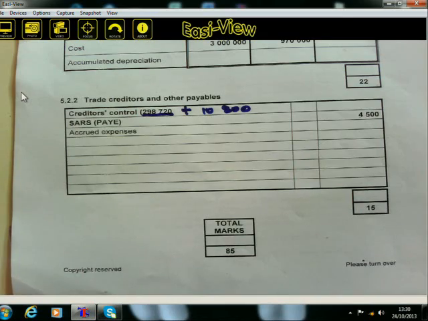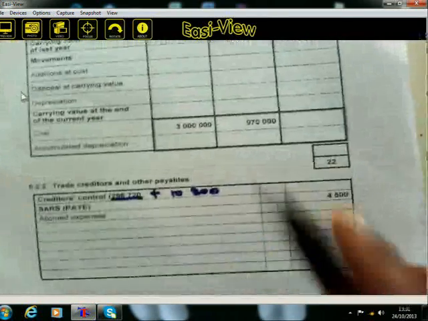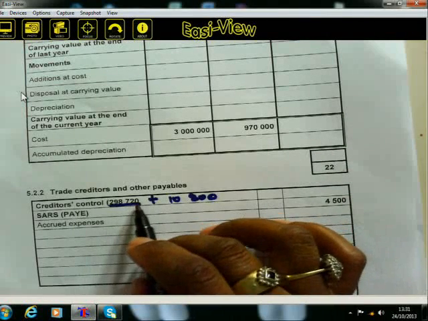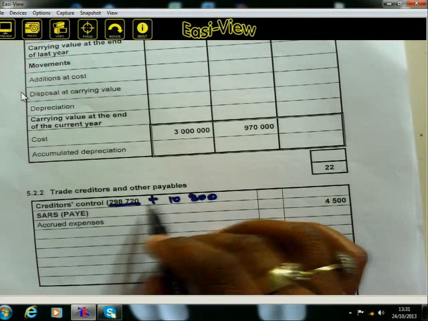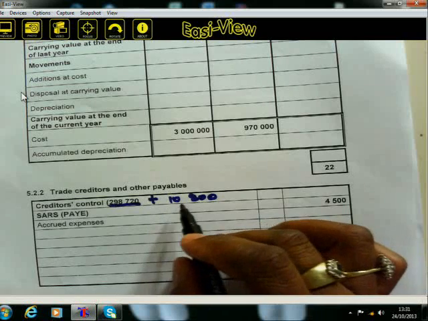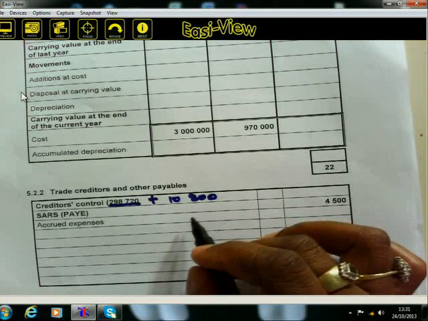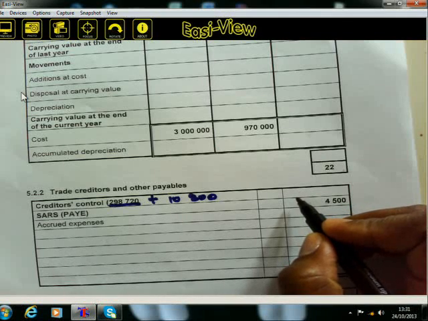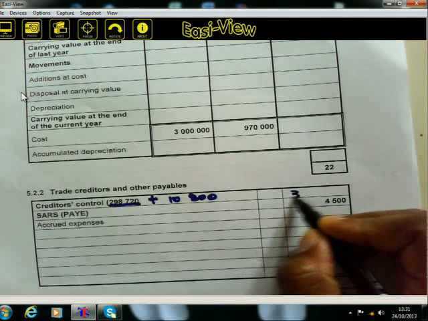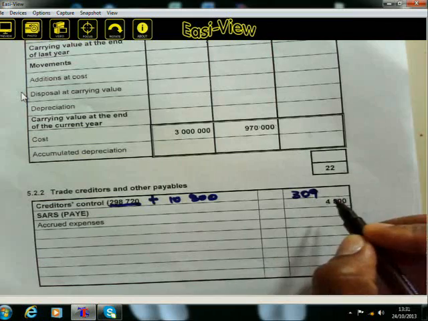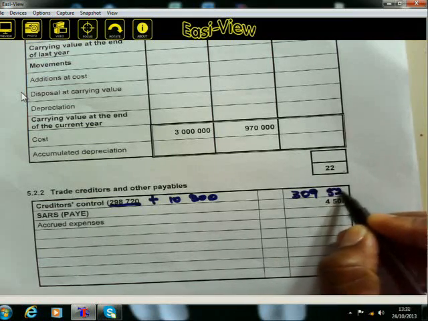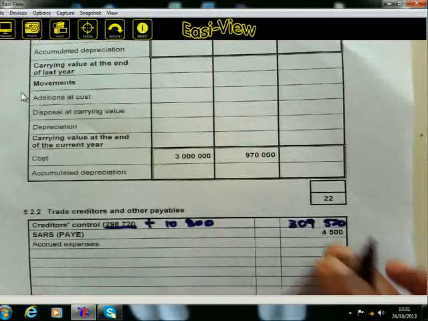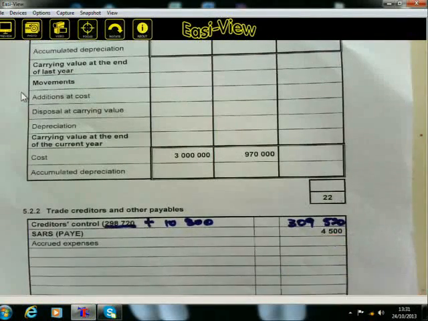So the total for creditors control, sorry for the delay, I was trying to add the creditors control given from the pre-adjustment trial balance plus the omission of the invoice. So the total amount of our creditors control is 309,520. Pay as you earn, I've said it's already given, we don't have to consider that.